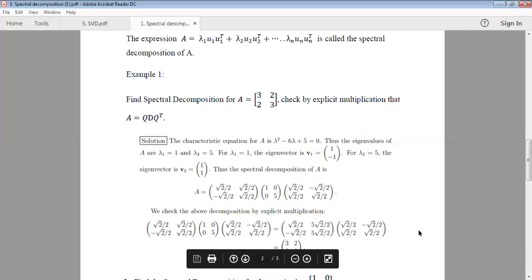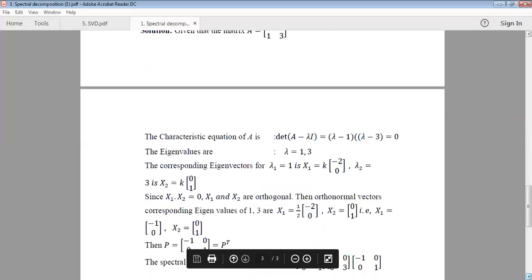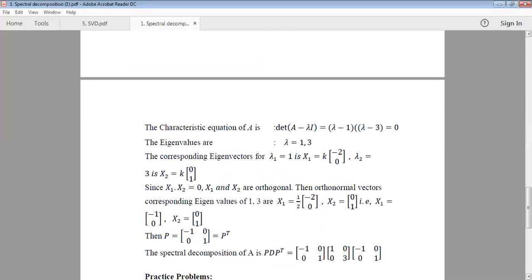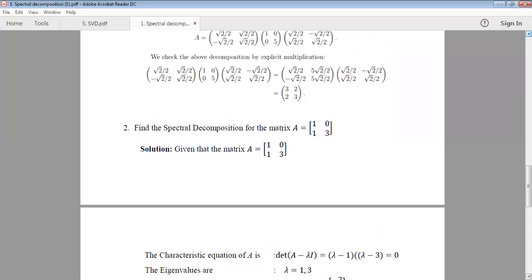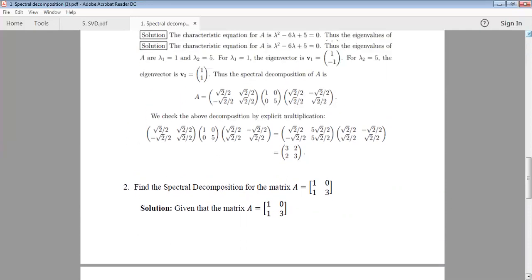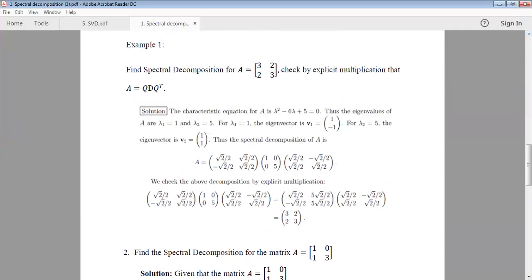So this equals 3 2, 2 3. This decomposition is nothing but the spectral decomposition.